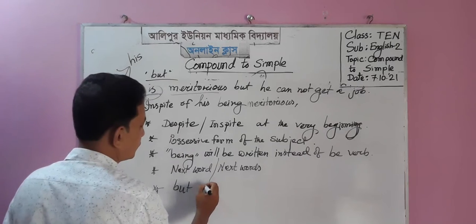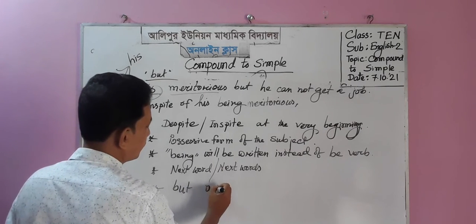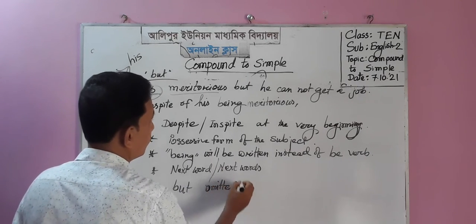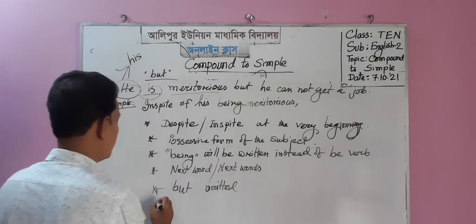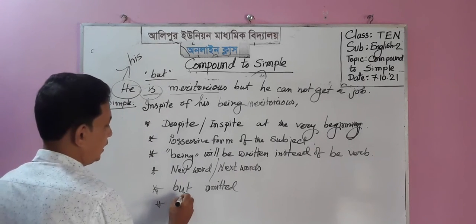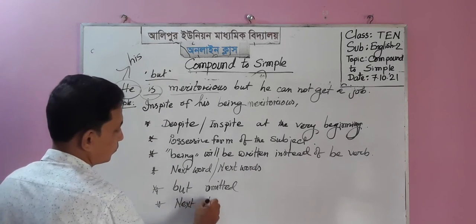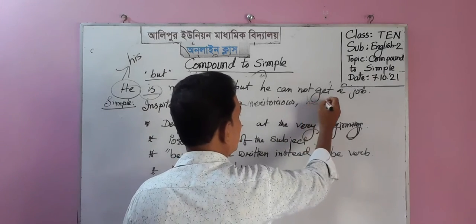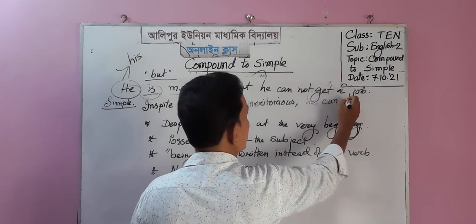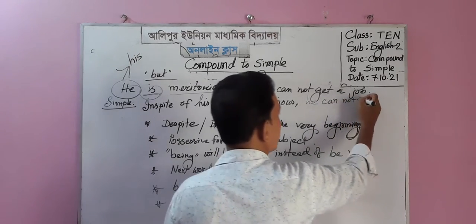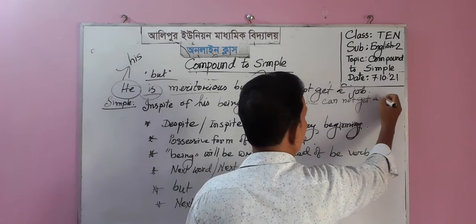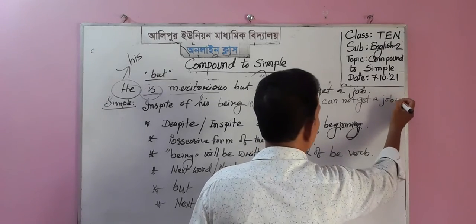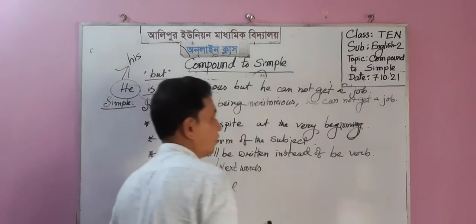But omitted. And the next clause will be the same. The next clause is he cannot get a job. He cannot get a job.